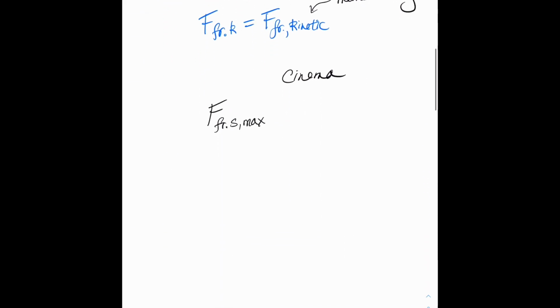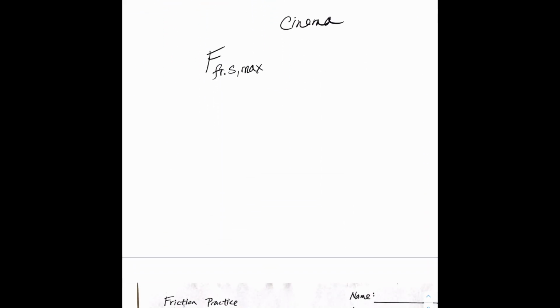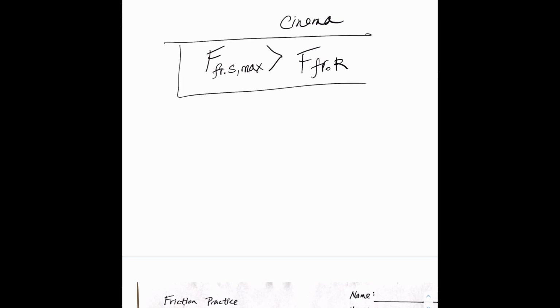So we can compare force friction static max to force friction kinetic. And we know that it's always easier to move the couch when it's moving, so we can say that force friction static max will always be larger than force friction kinetic. Now, obviously, that wouldn't be true for every force friction static, right? Because if you just push barely on the couch, then friction doesn't have to push back that hard, right?